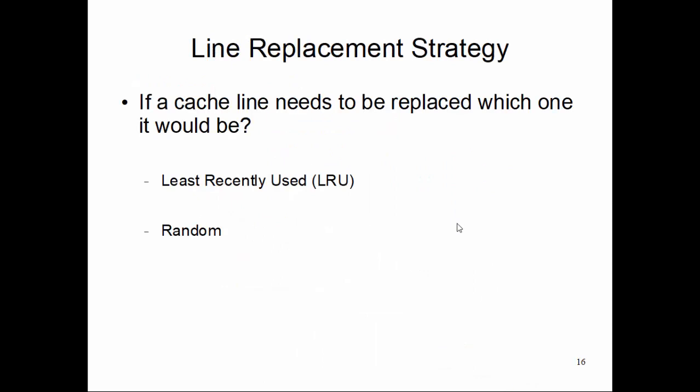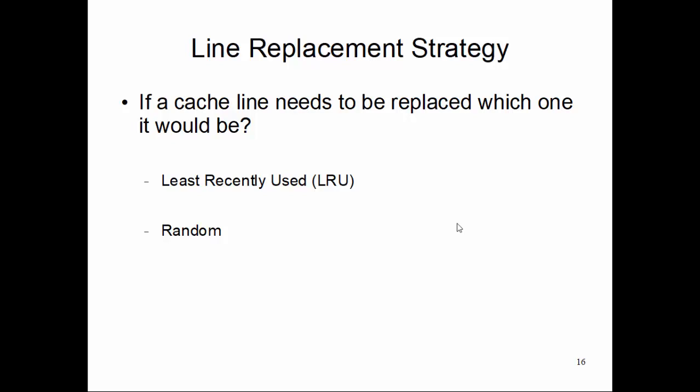One is least recently used, or LRU. That means a cache line is not accessed for a long time; by the temporal locality property, we can say its probability of being accessed is low, so go and replace it.